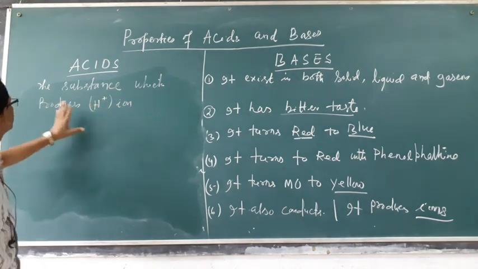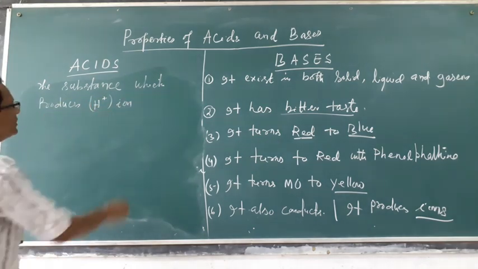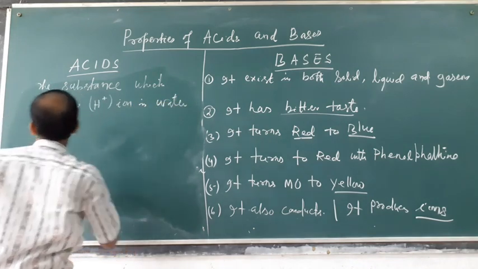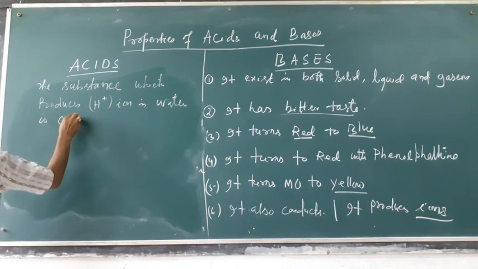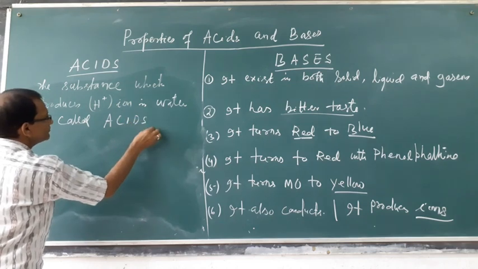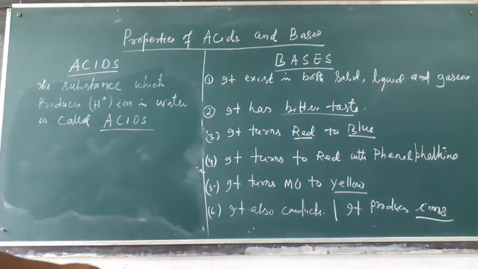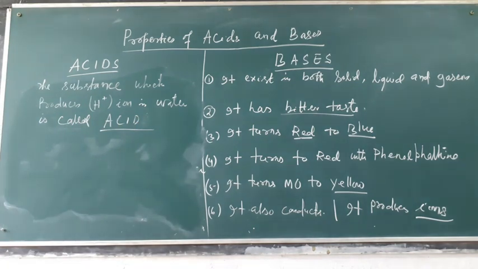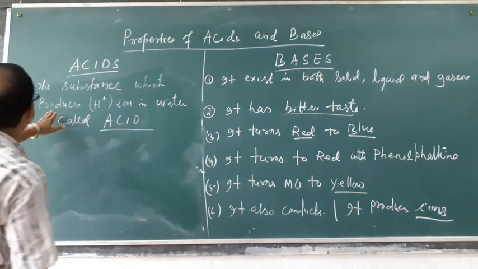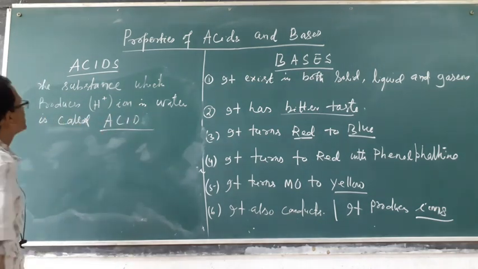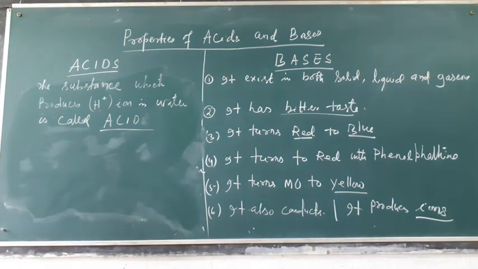The substance which produces H plus ion in water is called an acid. So what is the common definition of acids? The substance which produces H plus ion in water is called an acid. That means all acids contain H plus ion.